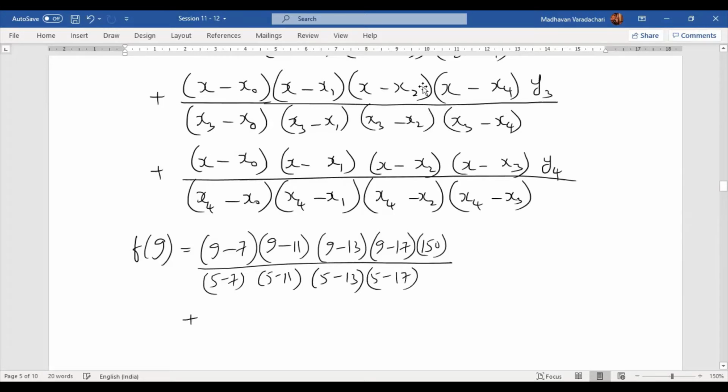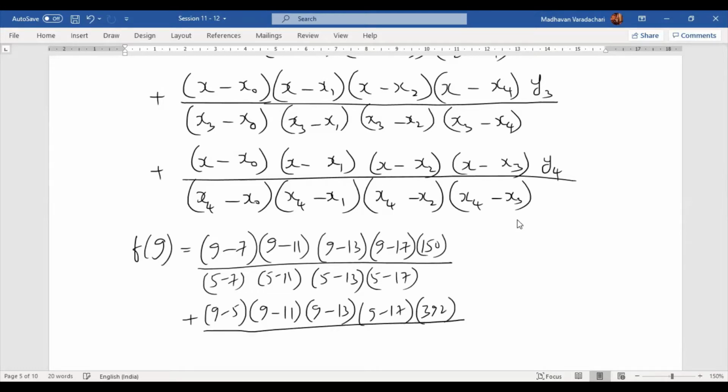Then we have plus, the next one will be 9 minus 5, 9 minus 11, 9 minus 13, 9 minus 17. Then y1 is 392, whole thing divided by 7. Our value of x1 is 7: 7 minus 5, 7 minus 11, 7 minus 13, 7 minus 17.